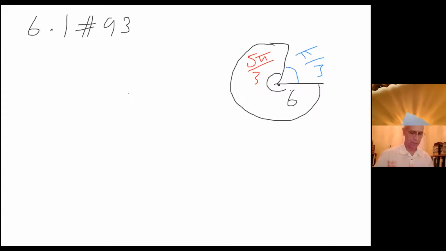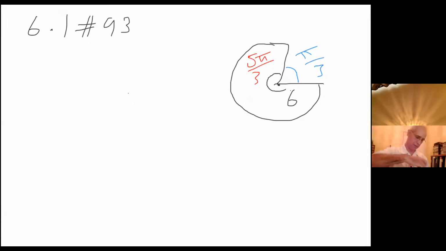Now if we go ahead and try to make a cone out of this, if I attach this right here, I have some Scotch tape.